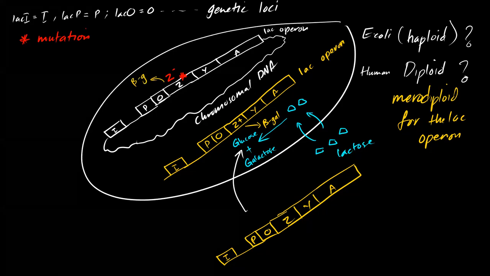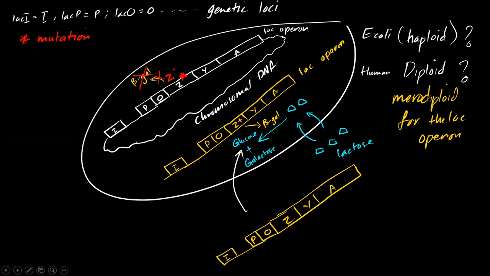So we have two genes that are called the lacZ genes. But this one is normal, which will give the beta galactosidase. This one is not normal. It has a mutation, so it will not be able to produce active beta galactosidase.